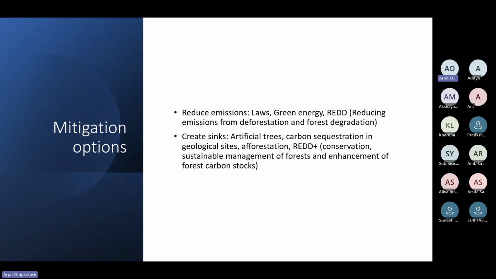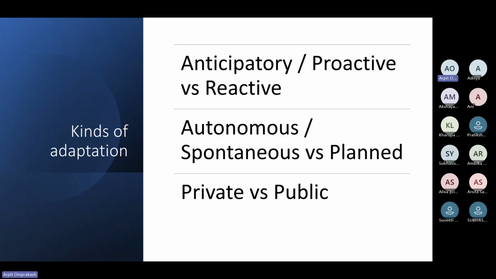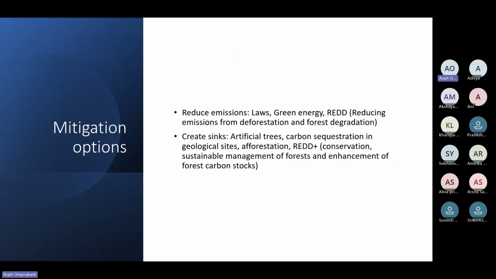The other thing we can do is create sinks. Sinks are places where greenhouse gases or carbon dioxide are absorbed. So things like artificial trees, carbon sequestration in geological sites, planting trees, afforestation, REDD plus, which is conservation and sustainable management of forests to enhance the forest carbon stock. So these are the different mitigation options.